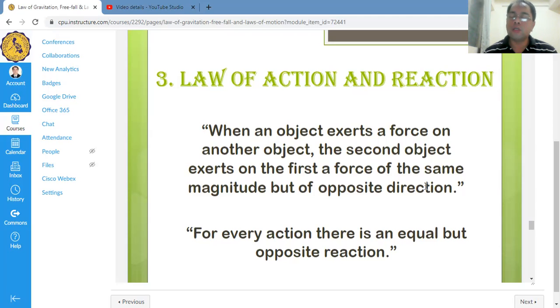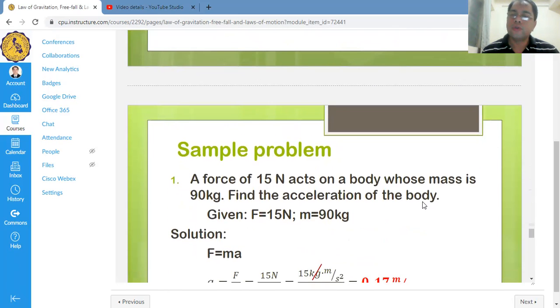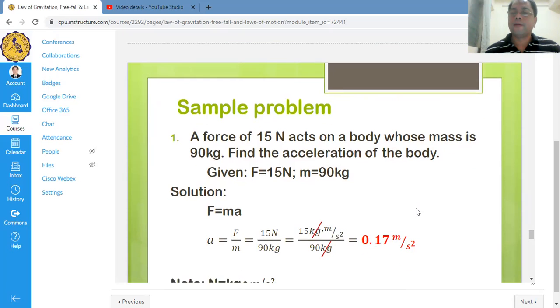So action and reaction. Just like in the case of a rocket, the rocket will move up because of the action of the fuel being burned down and the rocket is being propelled up. So action and reaction is also typically seen in our rockets.